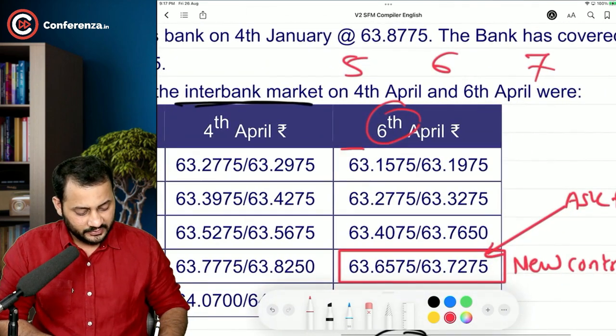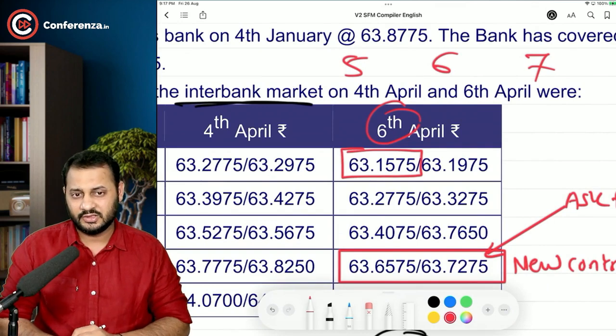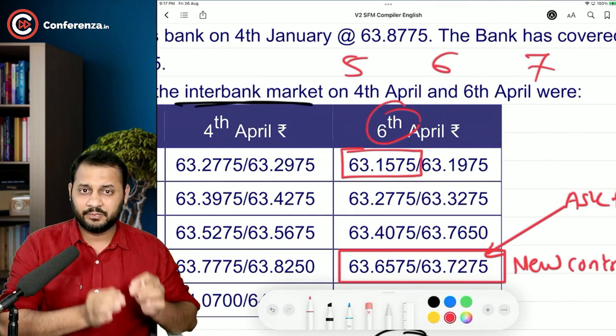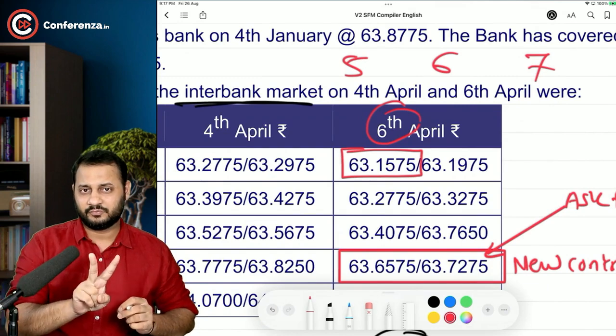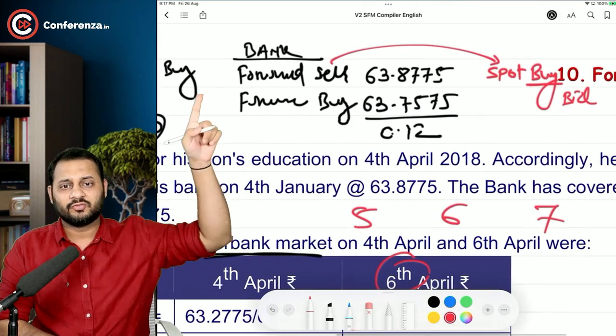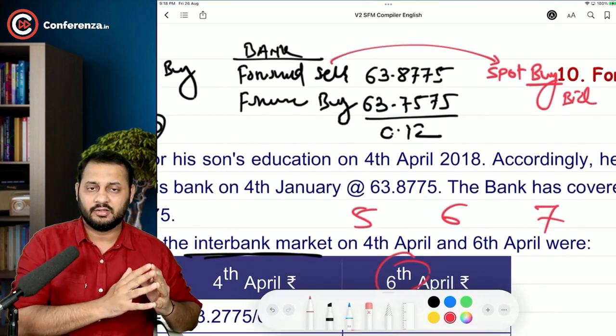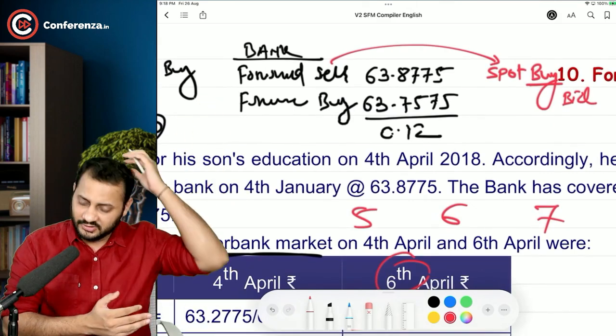So this rate is applicable, 63.1575 for the cancellation. 6th April's rate, second day. Bank will buy it, because earlier it was forward sell. In order to cancel that, we will take spot buy in order to cancel the sell position.